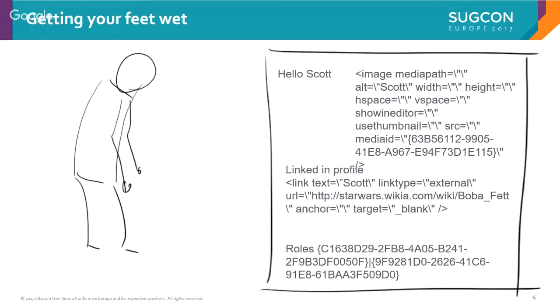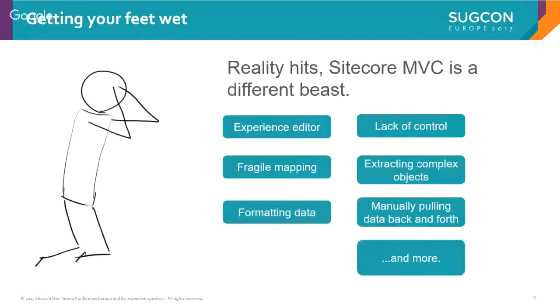On he goes and makes his page, but not quite what he expected it to be. Strange renderings come out, and after a little, he realizes that Sitecore MVC is a very different beast than what he was used to when he was just doing ordinary MVC.